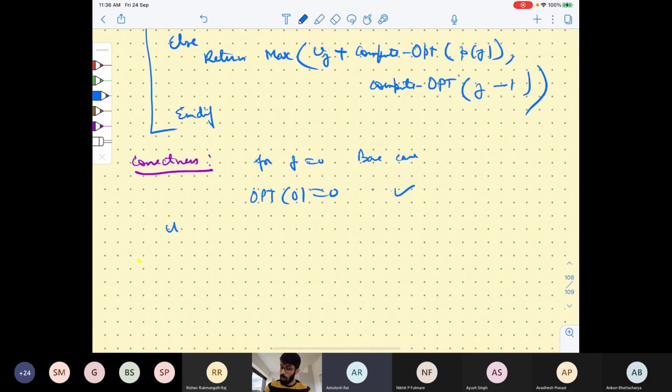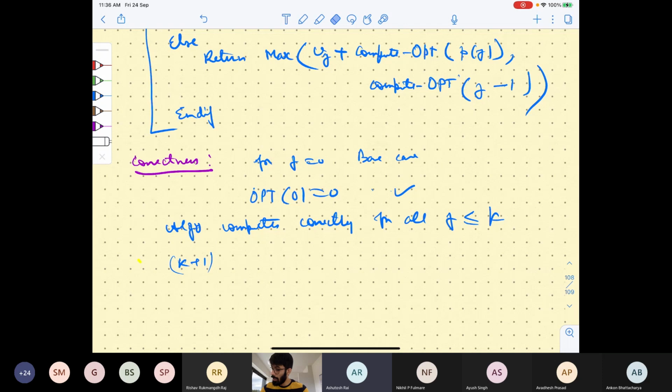Now suppose the algorithm computes correctly for all i less than j, and now we want to compute for j.